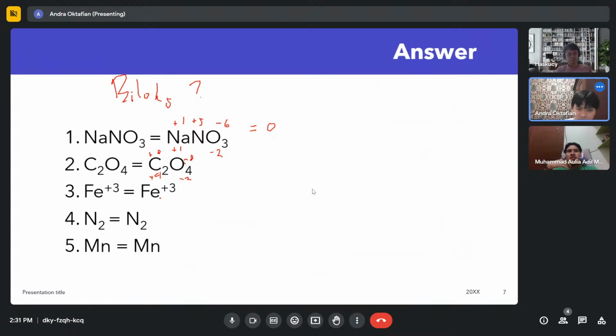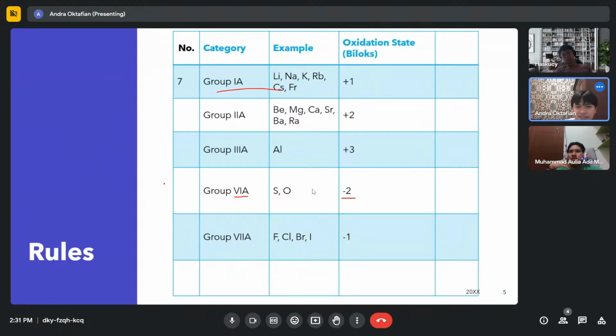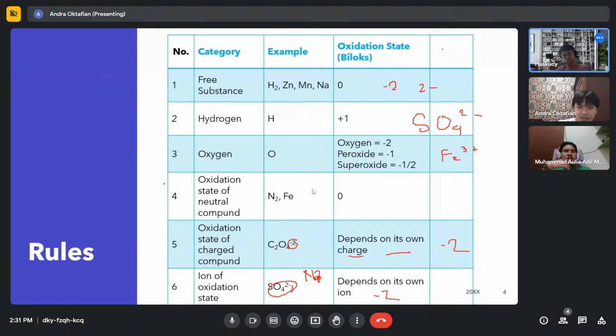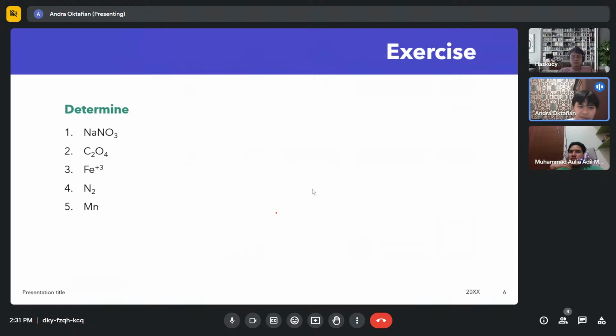Next, we have iron +3. It's a kind of iron, right? When it comes to ions, the oxidation state of charged compounds depends on its own charge. So we see again, the iron has +3, so it would be +3.